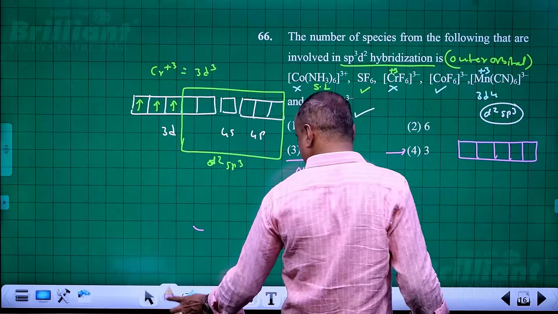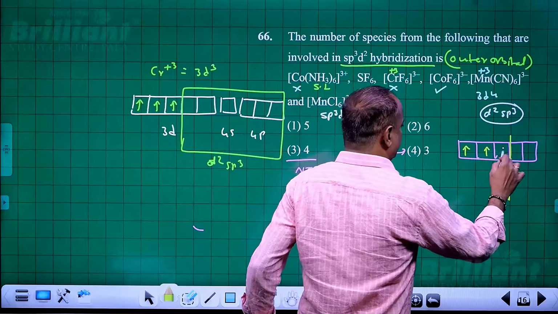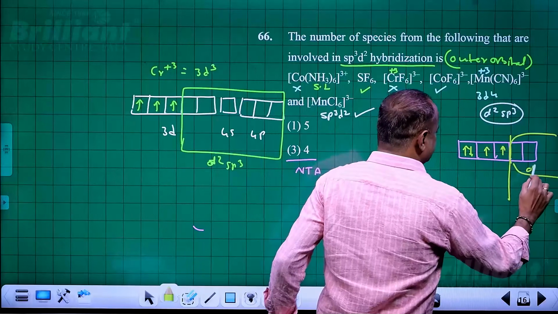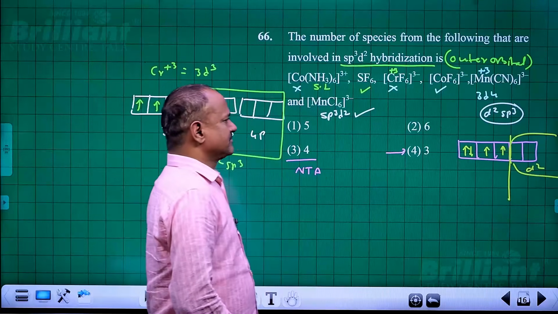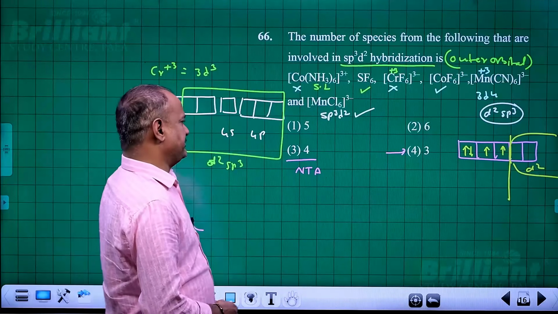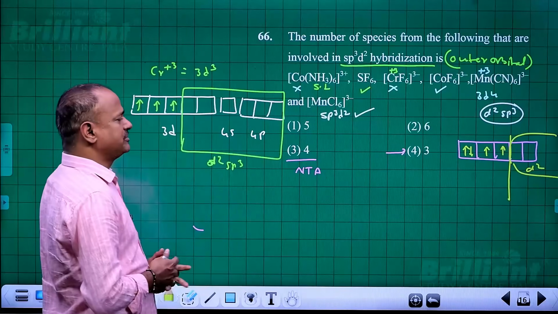So this part undergoes d2sp3 hybridisation. MnCl6 is sp3d2 hybridisation. So that's why option 4, 3 compounds.